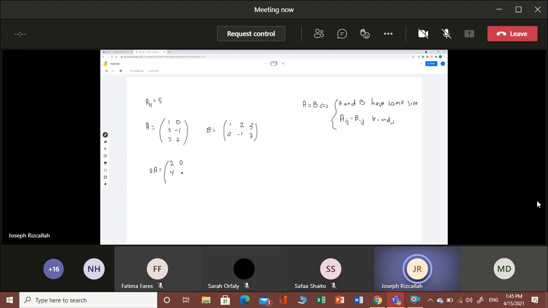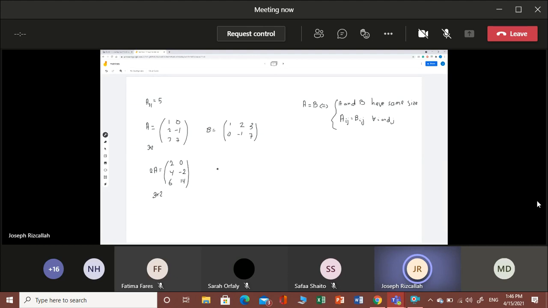Here I will get a 4, then -2. Then this one will become a 6, and this will be a 14. And you see now, this matrix had the size 3 by 2, right? And the resulting matrix here, after multiplication by a scalar, also has the same size, 3 by 2. So you see that the size does not change.